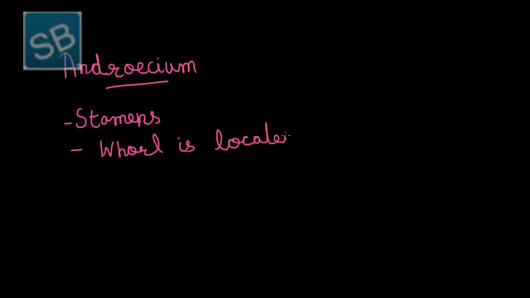As said earlier, androecium is basically made up of many units of stamens. This whorl is located beneath corolla or petals.